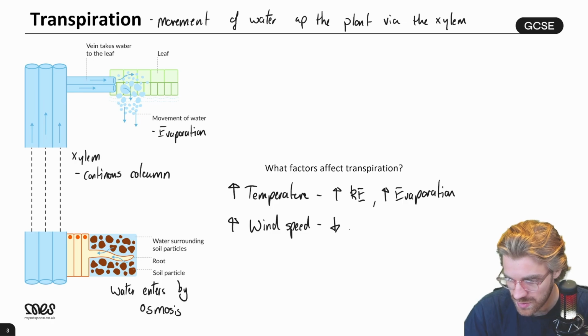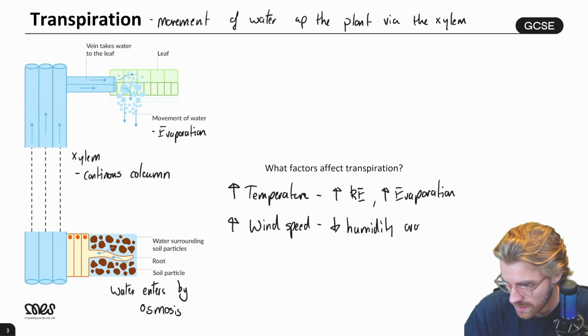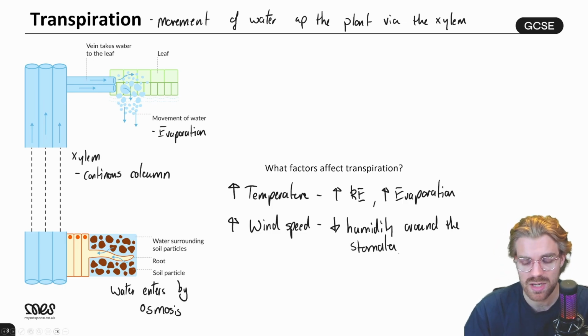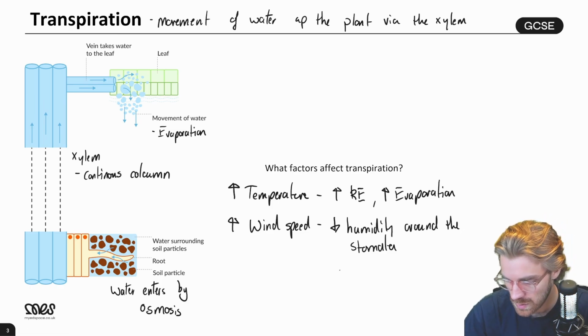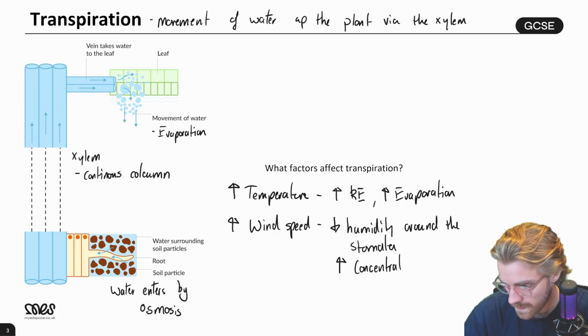This is going to decrease the humidity around the stomata. And if we reduce the humidity around the stomata, this increases the diffusion gradient, or the concentration gradient.